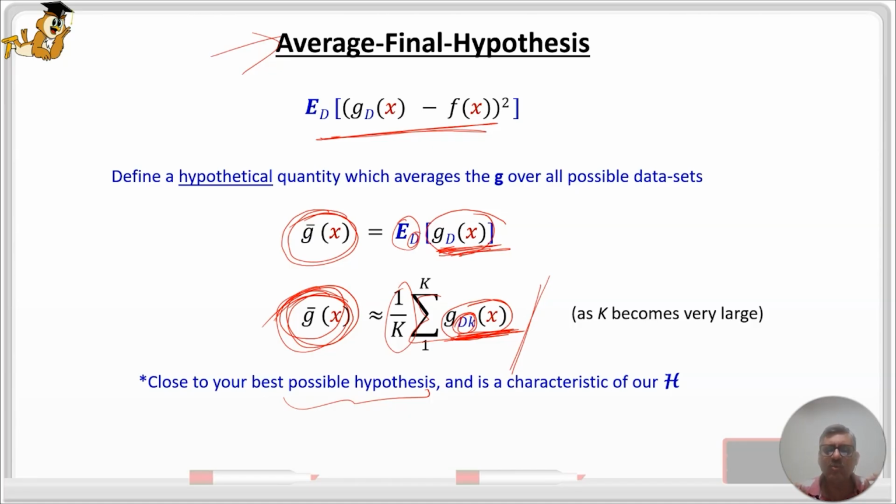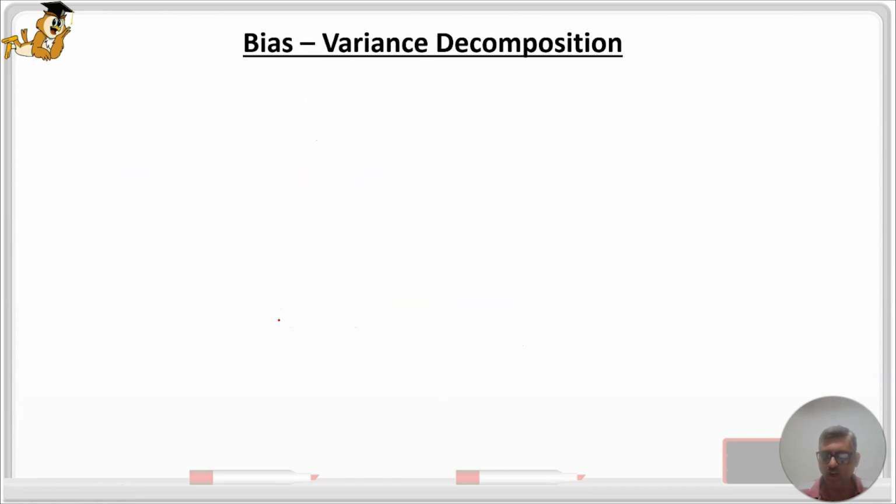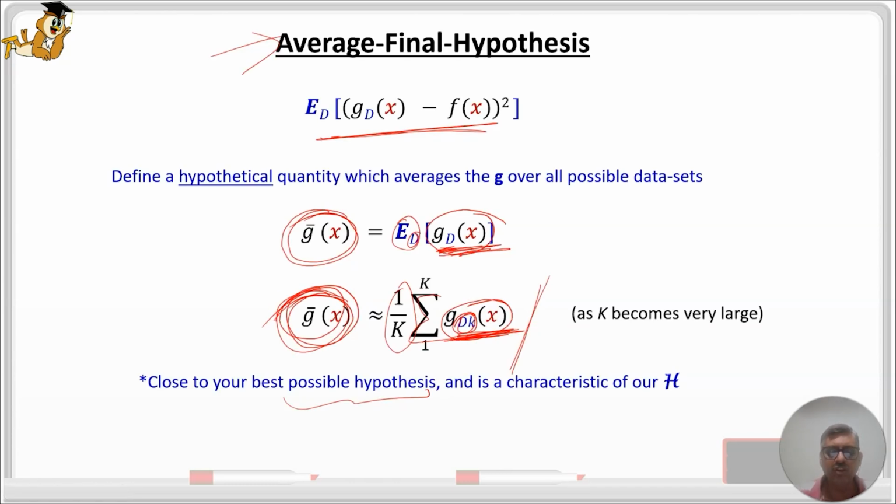And that's the reason why I say it is close to your best possible hypothesis, but very close to it. And therefore it is a characteristic of our H, and we say that g bar of x, which is your average final hypothesis, is a characteristic of your hypothesis set because it is very close to the best hypothesis in your hypothesis set.